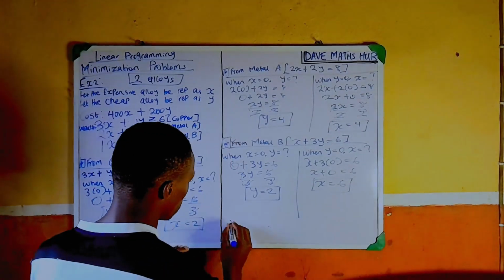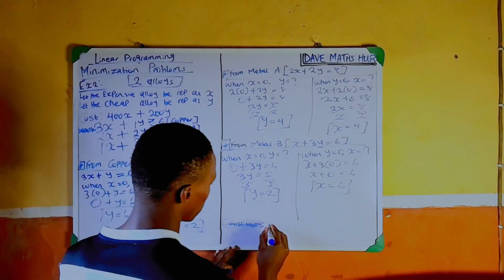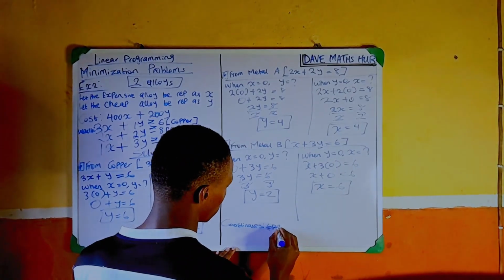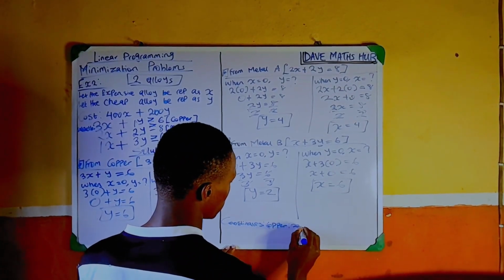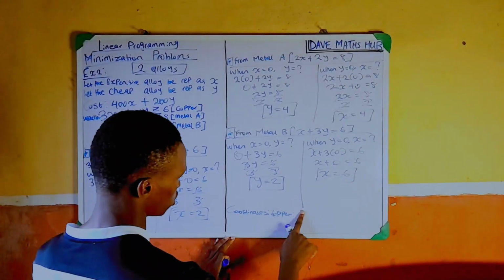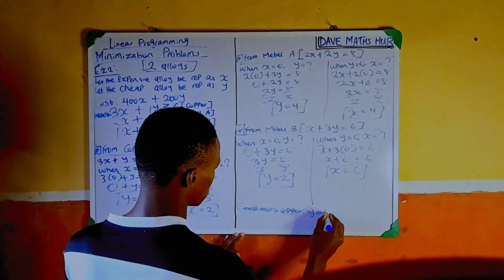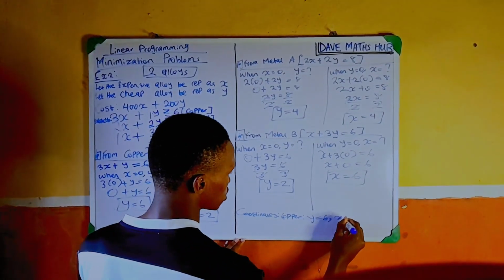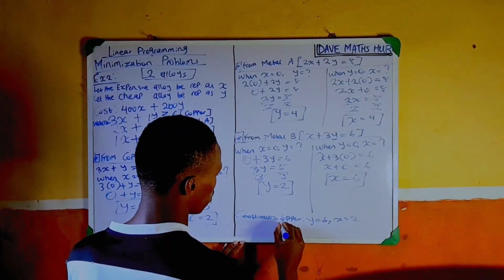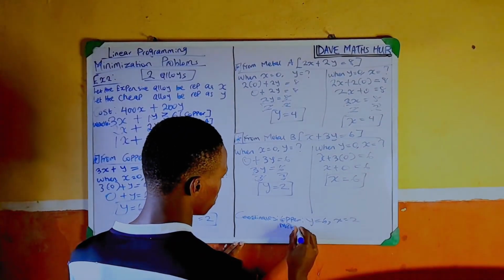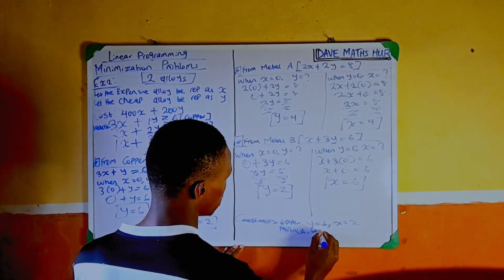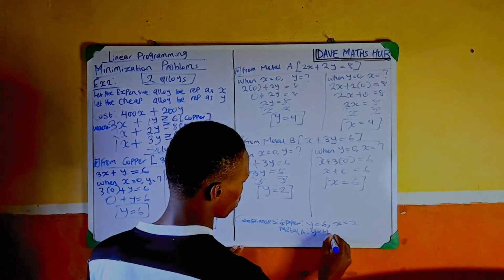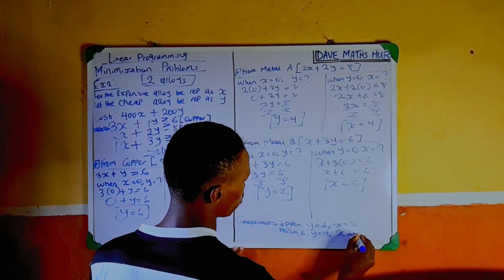So the coordinates now. For copper, we have y equals 6, x equals 2. For metal A, y equals 4, x equals 4.